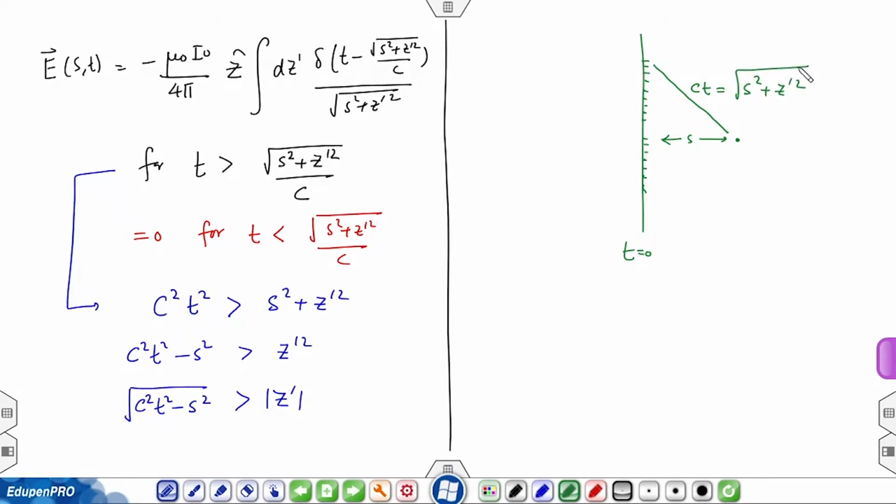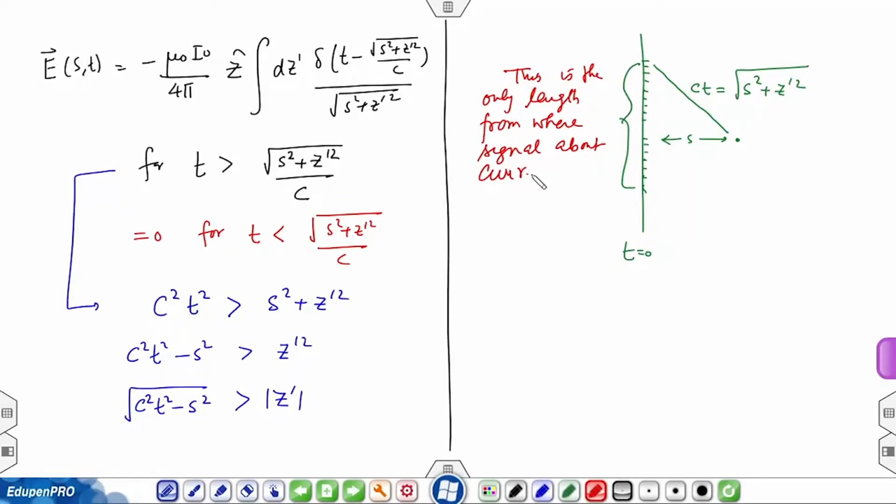This is the maximum from where the signal can come. So this is the only length from where the signal about current reaches the point shown, and we are calculating the field corresponding to that.